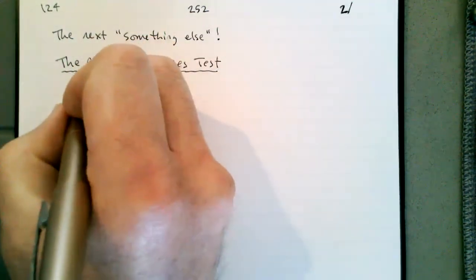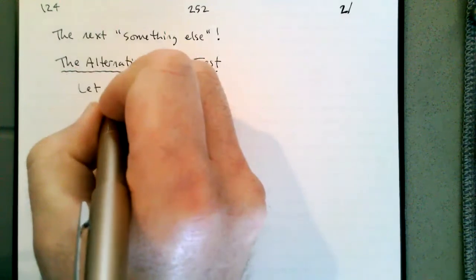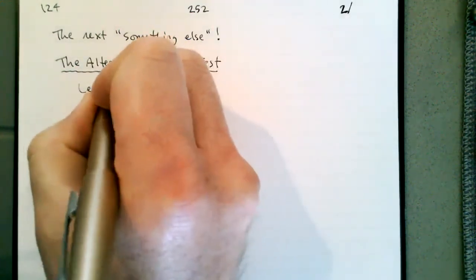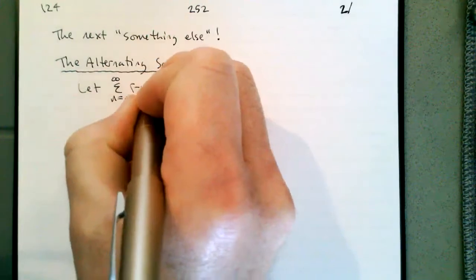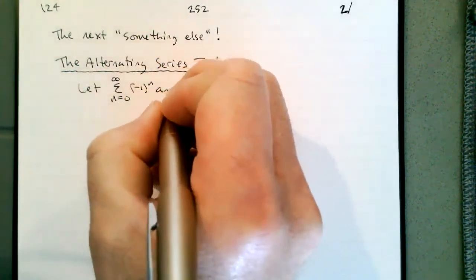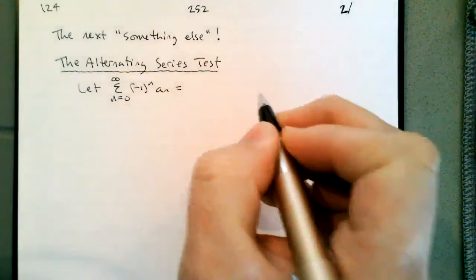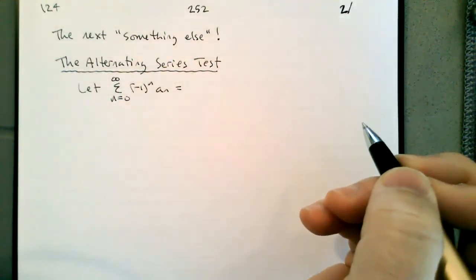Let's let the sum, as n goes from 0 to infinity, of -1 to the n times a_n. If we write this out, we're going to have signs that are alternating.